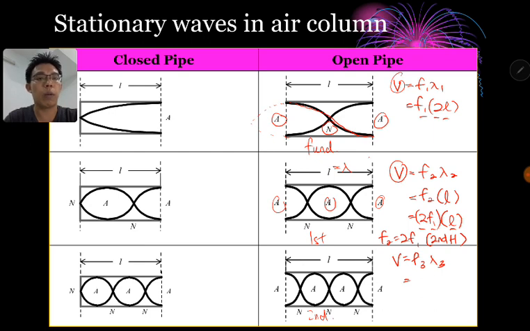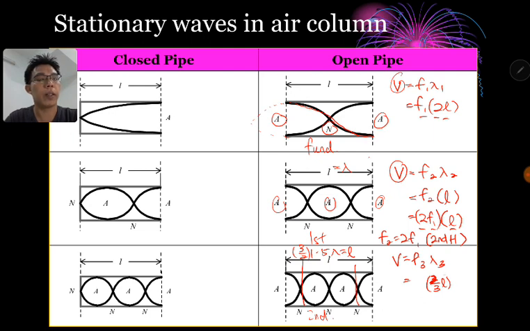We have one wave plus half, so it will be 1.5 wavelengths equals L. 1.5 lambda equals L. Therefore lambda will be equivalent to 3 over 2 lambda equals L, because 3 over 2 is 1.5. Therefore you bring the 2 up, bring the 3 down, 2 over 3 L. So you get 2 over 3 L as the wavelength.